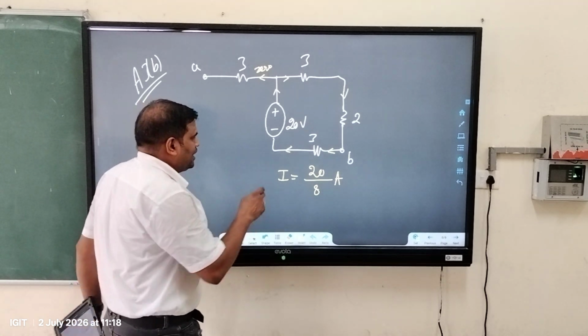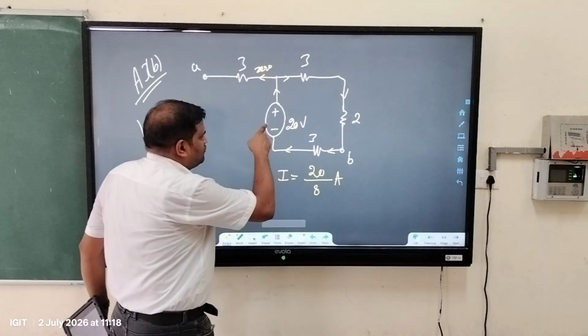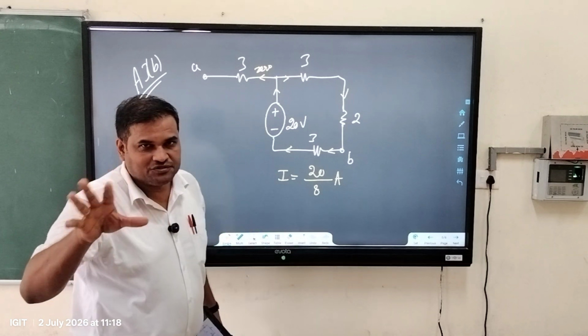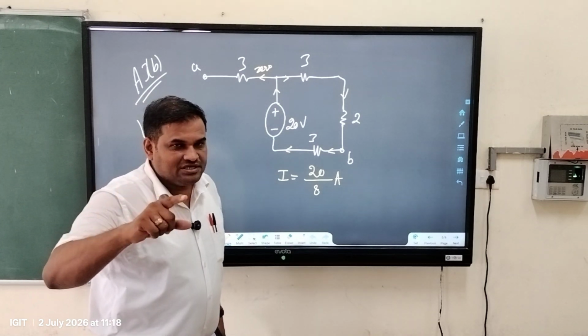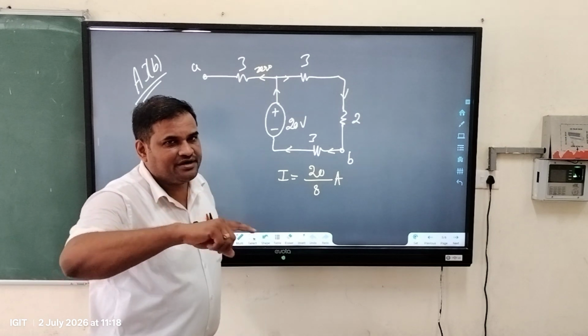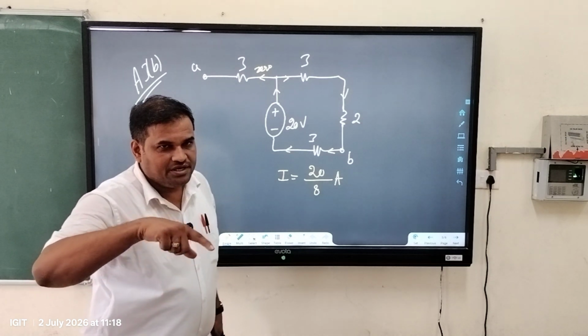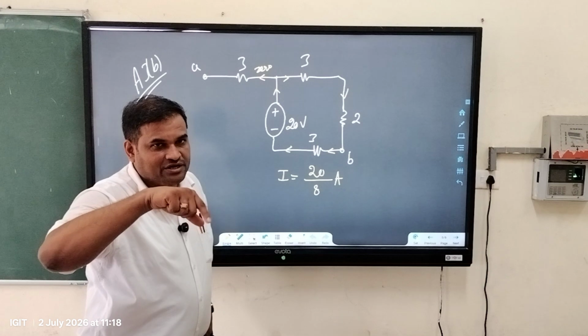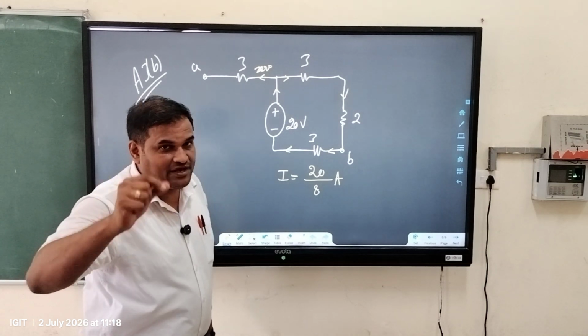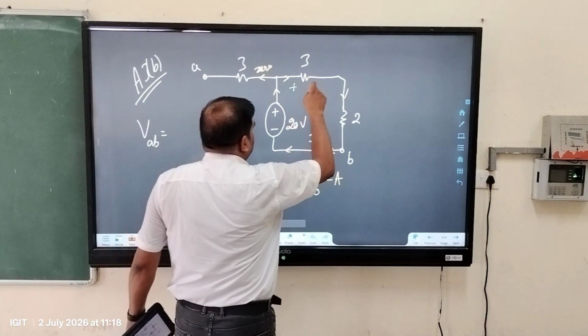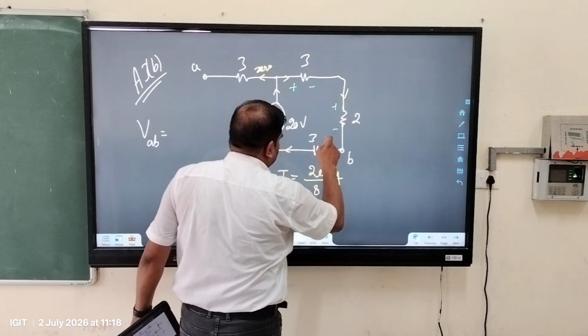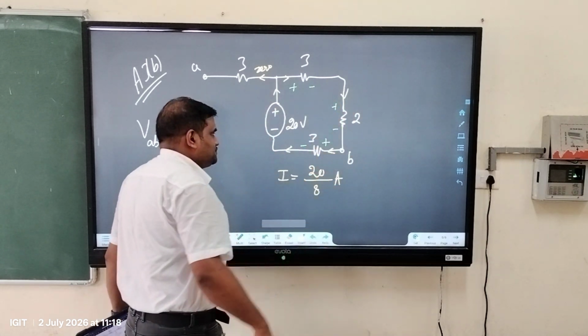Sign convention is required. The voltage source is there, and you have given the direction of the current clockwise. Accordingly you have to give the sign across each resistor, like this.